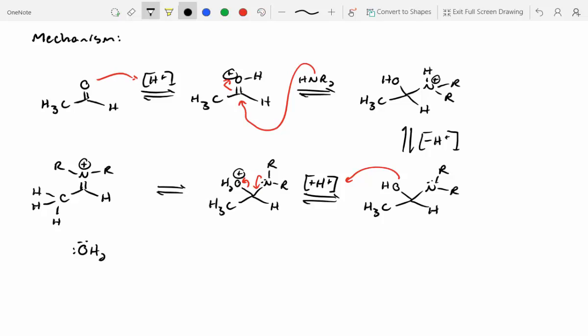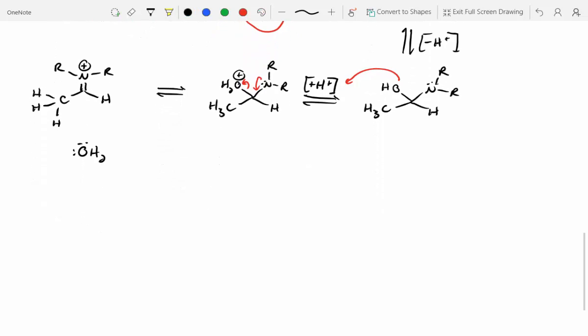However, it's not very stable because that nitrogen's got a positive charge on there. In our normal imine, we could just deprotonate it and neutralize it. But in this case, we've got two alkyl groups coming off of that nitrogen. We can't remove an alkyl group. So what do you think could happen? Pretty similar to our previous mechanism. Water can come along still. Yeah, water can act as a weak base, like we saw before.